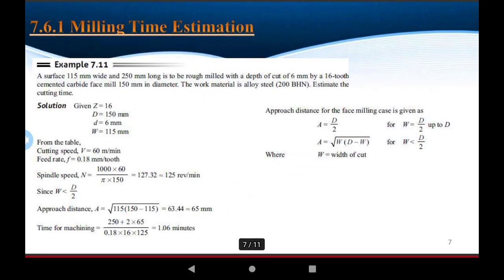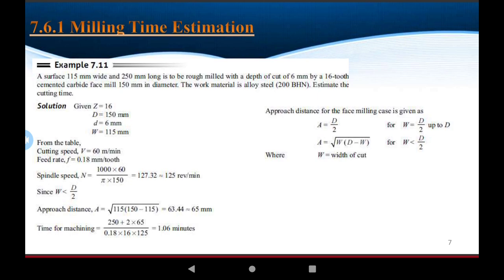The formula used to solve these questions finds the solution for the milling time estimation. A surface of 115 mm width, capital W equal to 115 mm, and 250 mm long, L equal to 250 mm, is to be rough milled with a depth of cut of 6 mm.